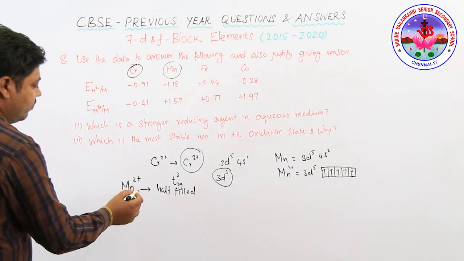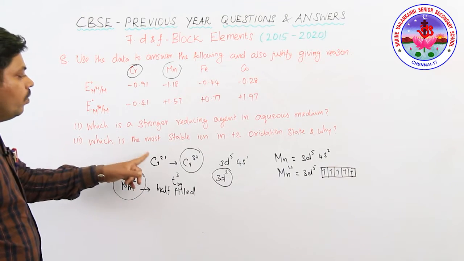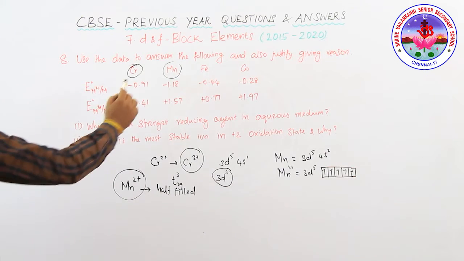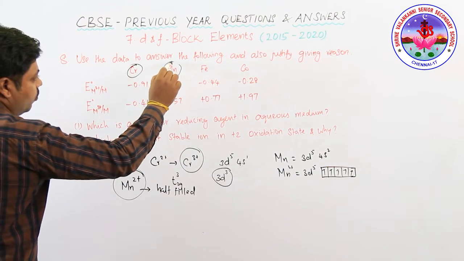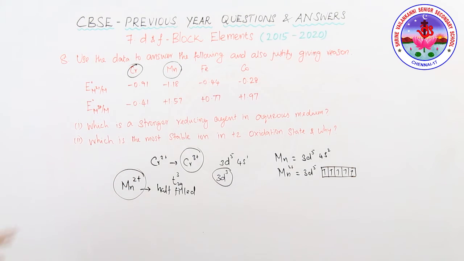The reason is the half-filled orbital. The outer electronic configuration of manganese is 3d5 4s2, so Mn2+ means 3d5, which is half-filled, and half-filled is more stable. Iron in +2 has a 3d6 configuration. That is why manganese is more stable. Mn2+ is the most stable ion in the +2 oxidation state because of the half-filled d orbitals. All exhibit +2, but the most stable is manganese. Okay, so this is the answer.